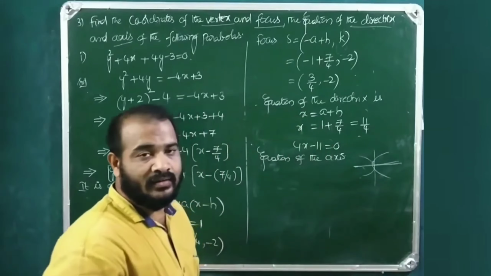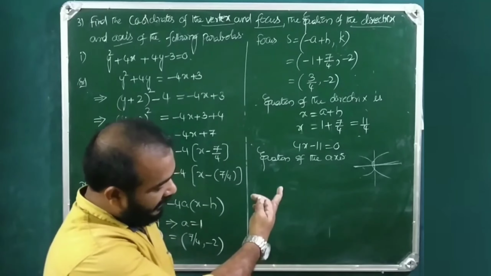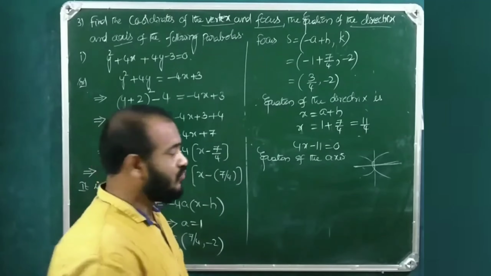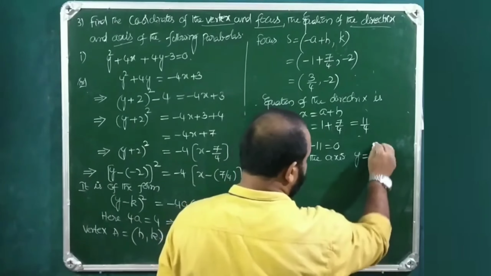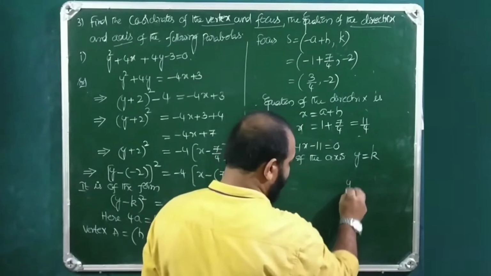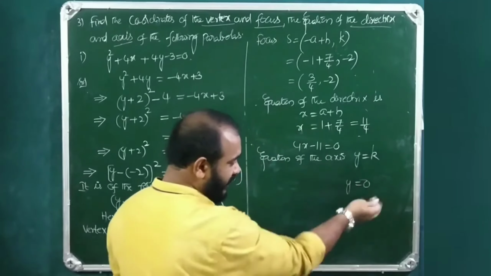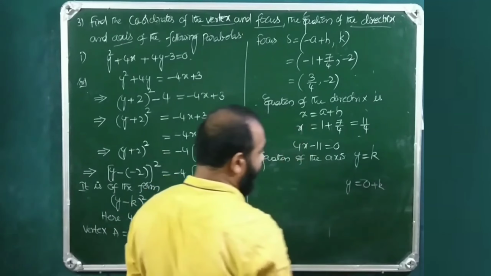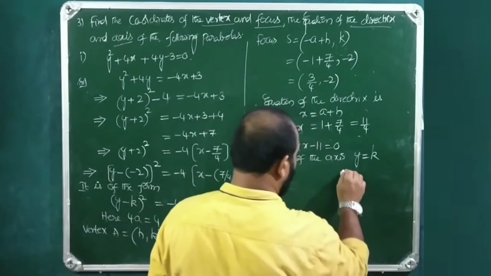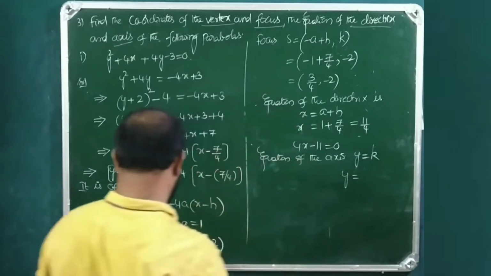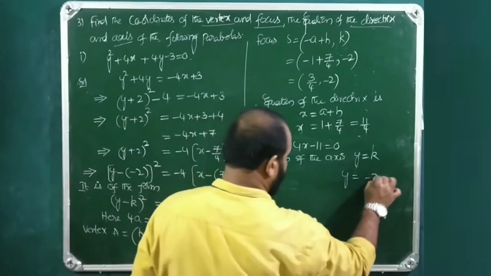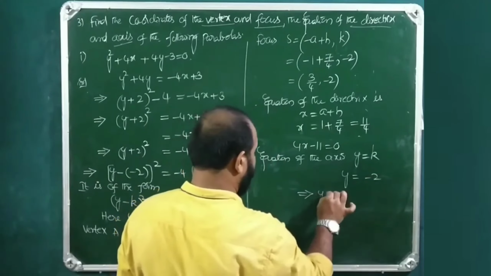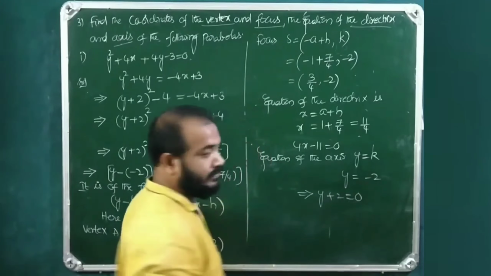It is the x-axis. The x-axis equation is y equals to 0. But for this, y is equals to k. With y equals to 0, additionally k will be added. So y is equals to k, where k is minus 2 here. So this is equals to y plus 2 equals to 0.